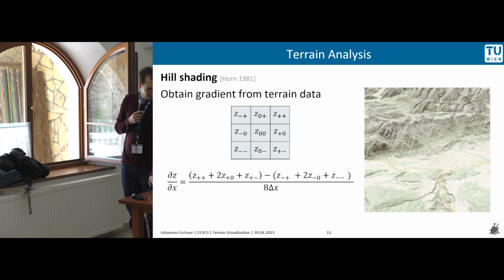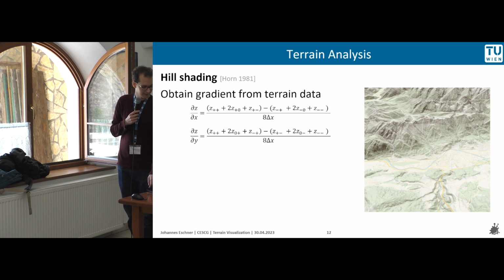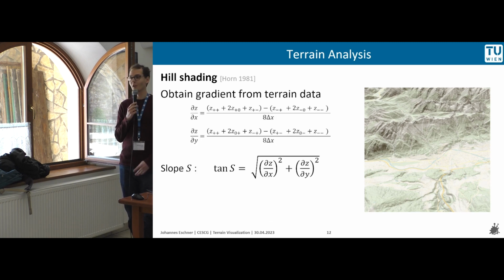So I just basically do the partial derivatives for this pixel patch in both directions, in the x and in the y direction. And from that I arrive at the derivative, and from that I can of course really simply obtain the slope angle and additionally also the aspect angle.